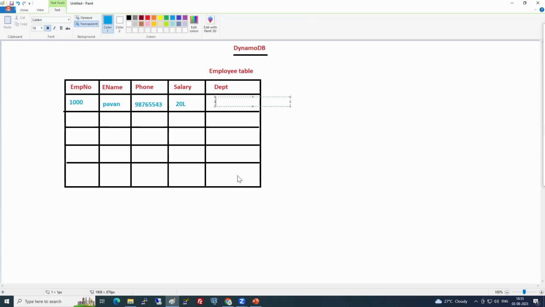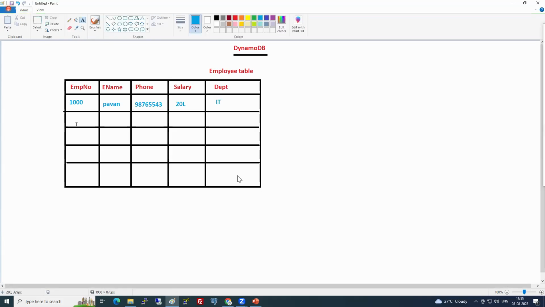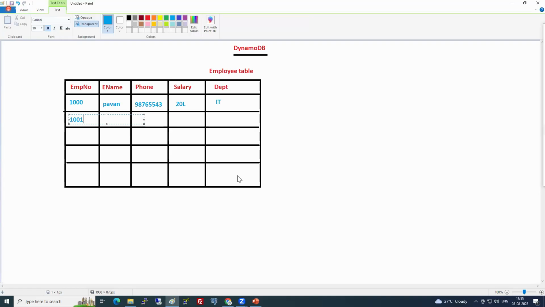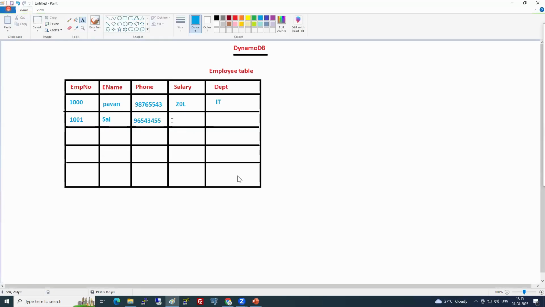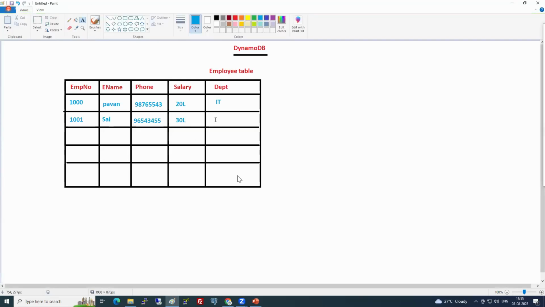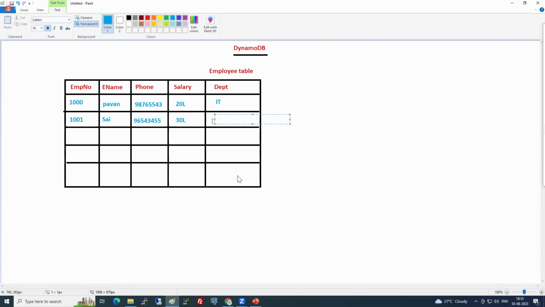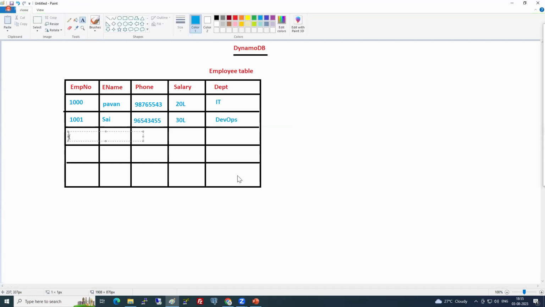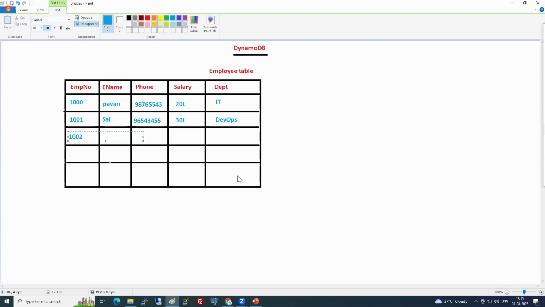Department, IT. Next, 1001. Whose name? Sai. I'll take some number. How much, Sai? Take 30 lakhs. DevOps. Now 1002.